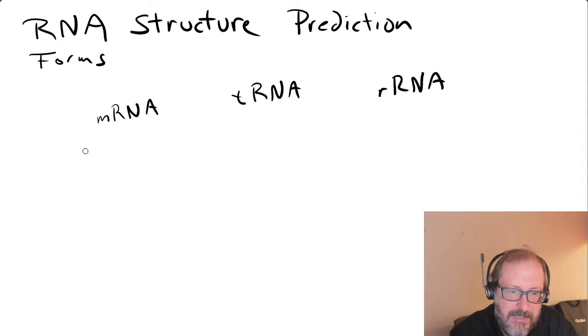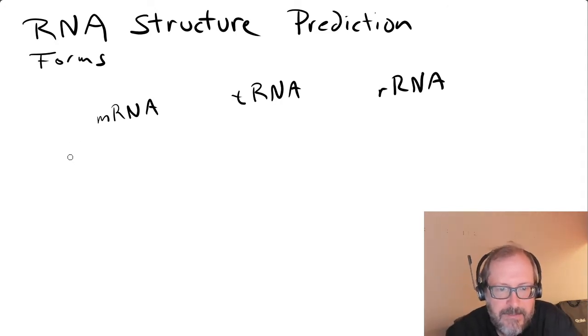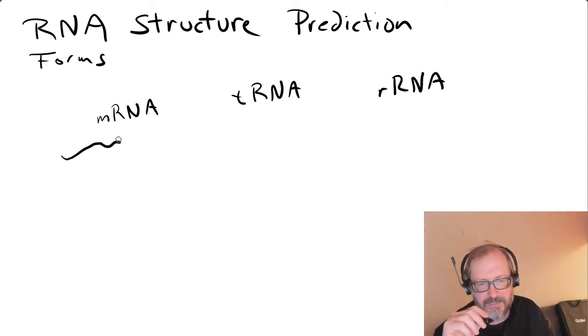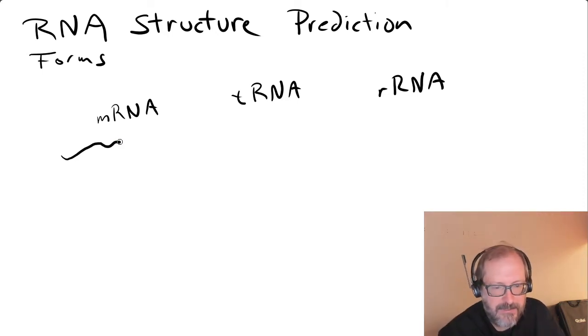And so mRNA, once it's ready to be translated, you can think of it as mostly unstructured, but then there are such things as introns, and these can have some sort of structure. It can be quite large and complex, actually.